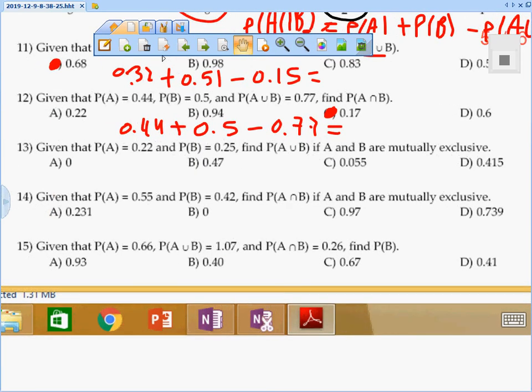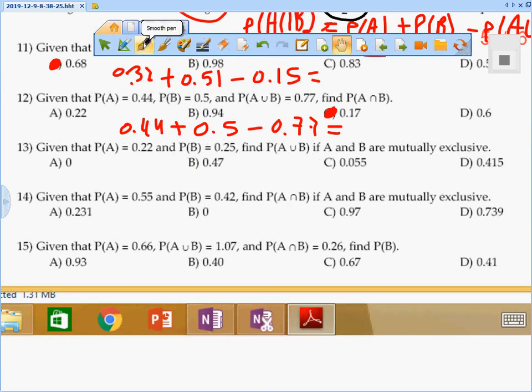Now, something called mutually exclusive. Mutually exclusive means that there is no intersection between A and B. The probability of A is 0.22, the probability of B is 0.25. And the union, in the case of mutually exclusive, means that A intersect B is equal to what? To 0.